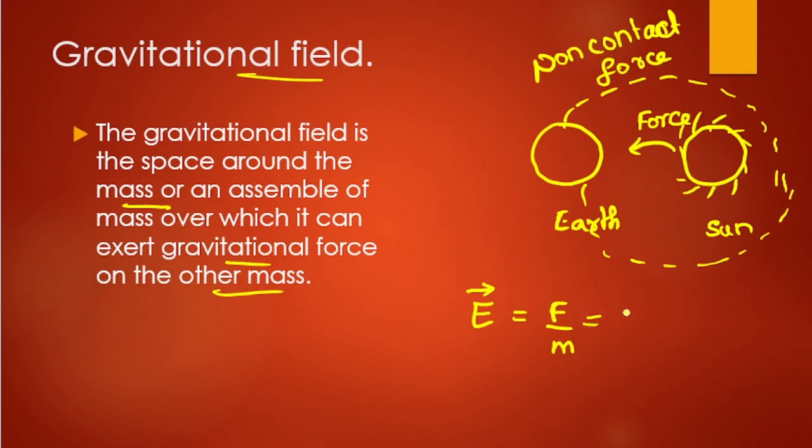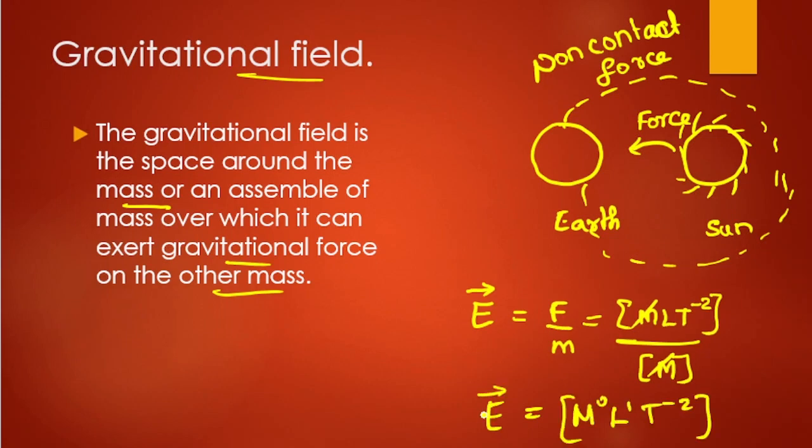So how can we write the dimensional formula? The dimensional formula is M L T to the power of minus 2 by M, right? So your M and M will be cancelled. So your dimensional formula will be M to the power of 0, L to the power of 1, T to the power of minus 2. This is the dimensional formula for your gravitational field.